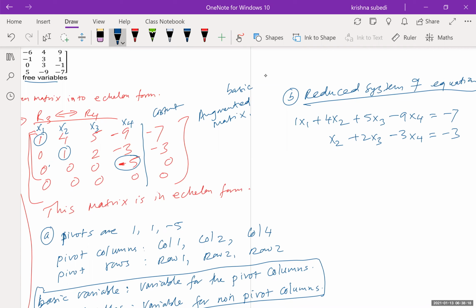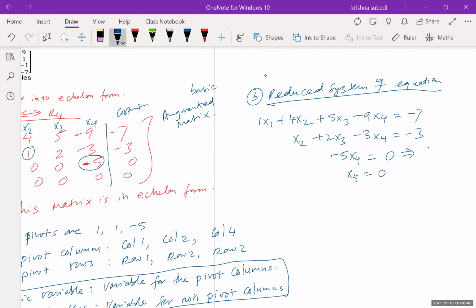That is my second equation. And the third one is -5x4 equals 0, or you can write x4 equals 0. This is called the reduced system of equations.